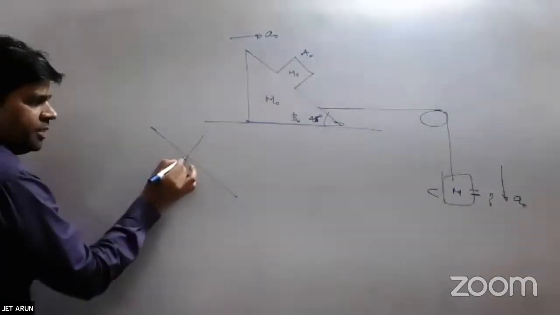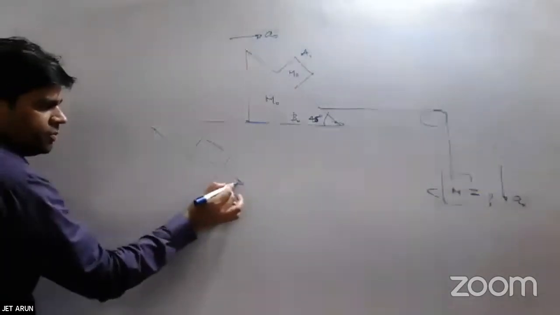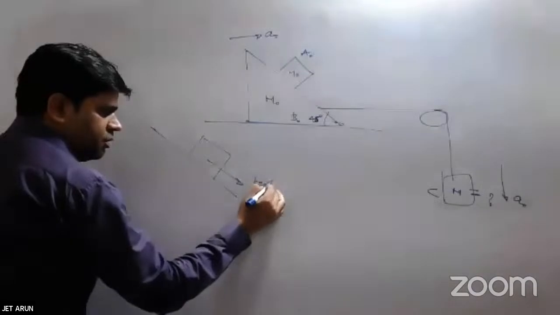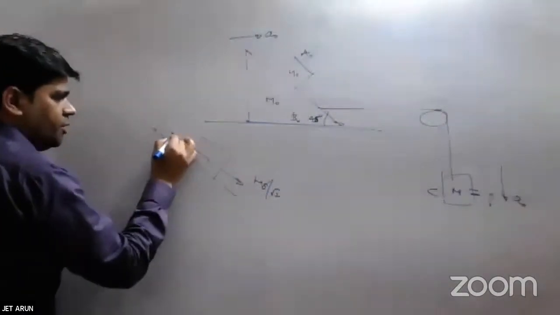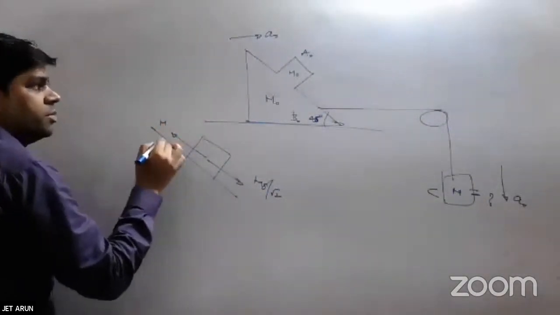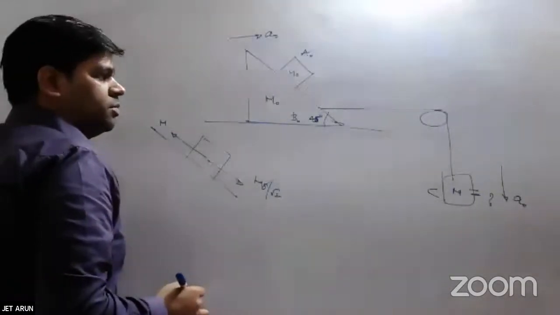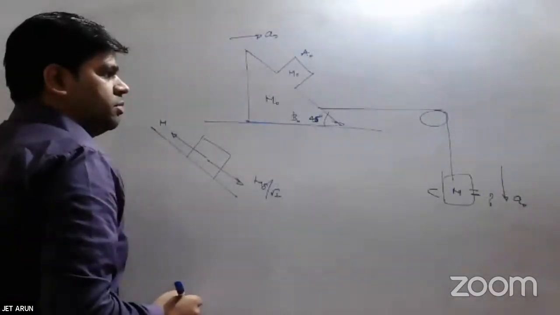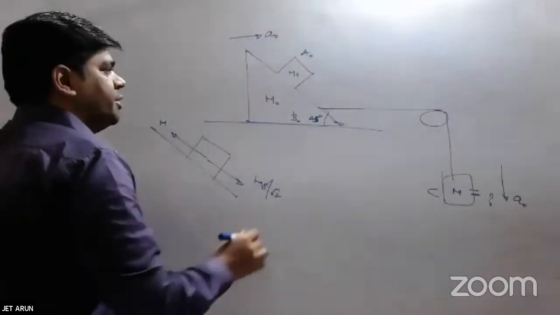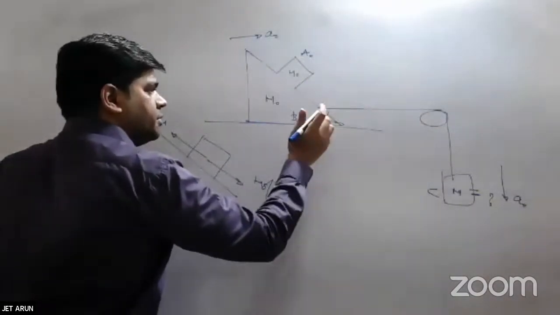So the pseudo force should counterbalance the mg sin theta component. So mg by root 2 should be equal to... okay, this is not 45, this is 30 degrees.